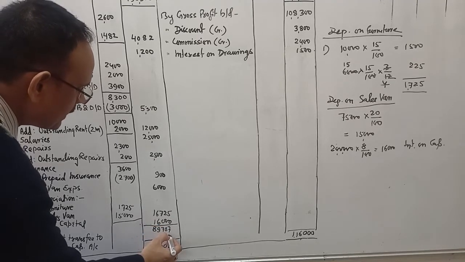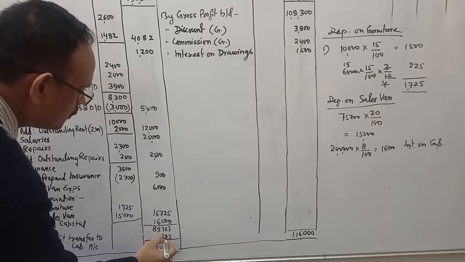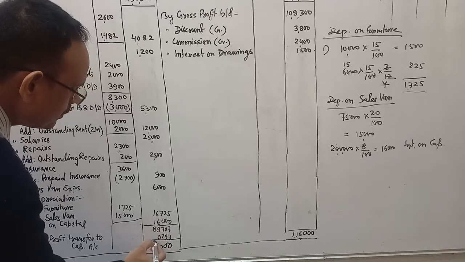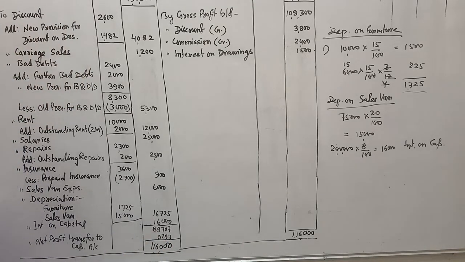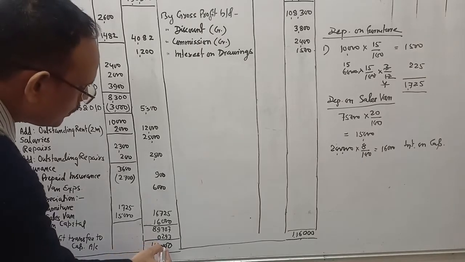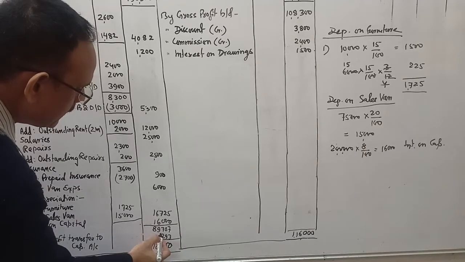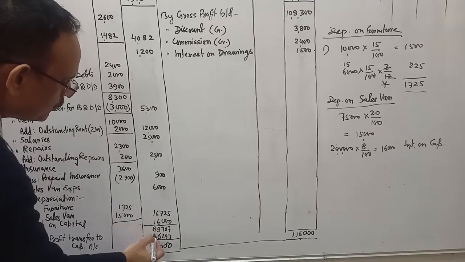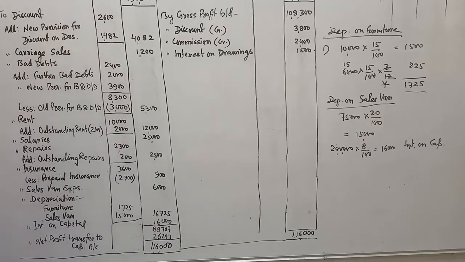So the difference amount is 26,293, which is the net profit.